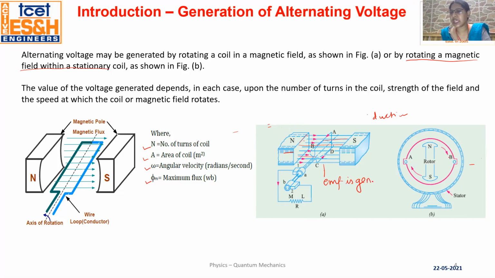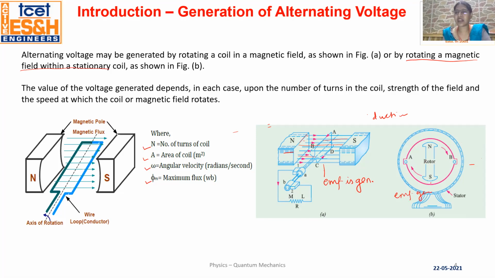Now see here, this is the magnet N and S, and this is the coil. This is fixed or stationary. Now you rotate this magnet. Now again, what is the result? Your EMF is generated.